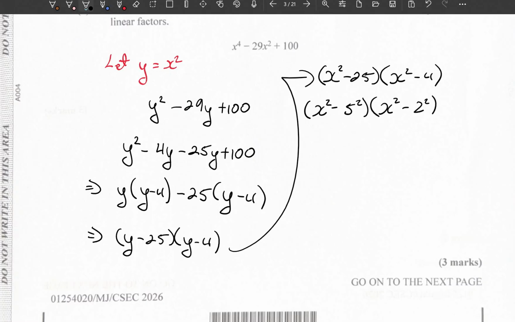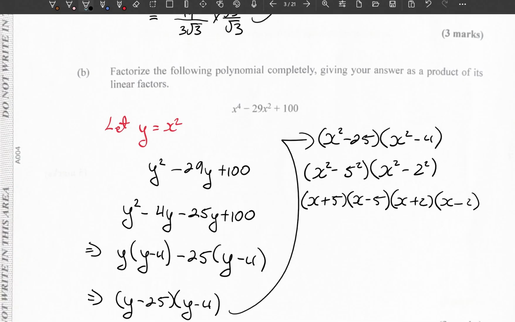We know a difference of two squares tells us that if we have a squared minus b squared, its factors are going to be a plus b into a minus b. Same thing again, so we would have a plus b into a minus b. Right, and these would then be the four factors of the polynomial.